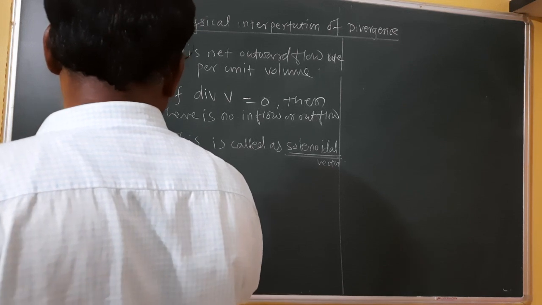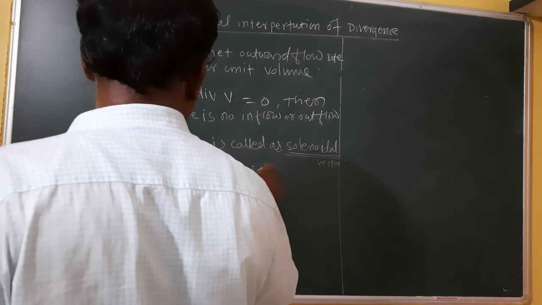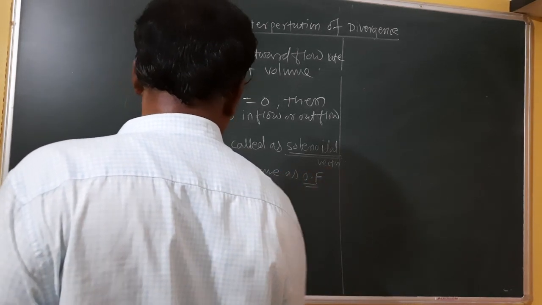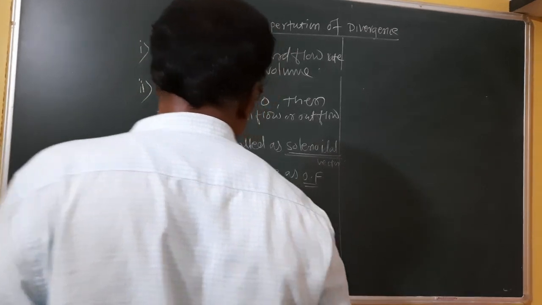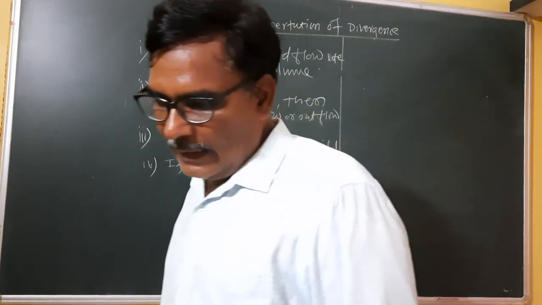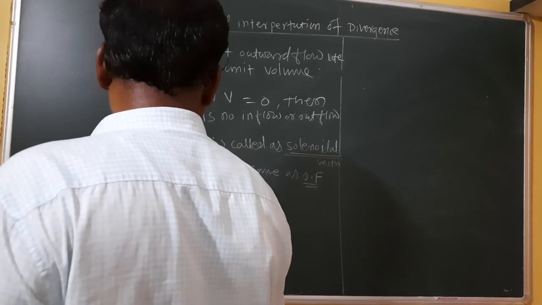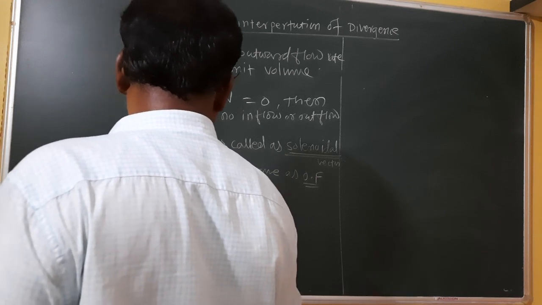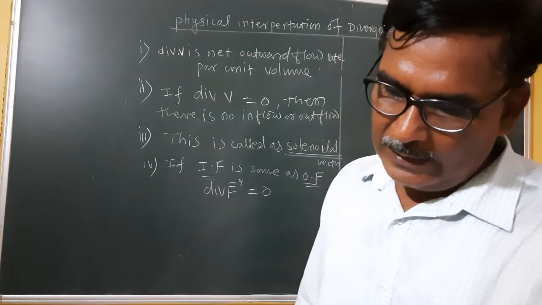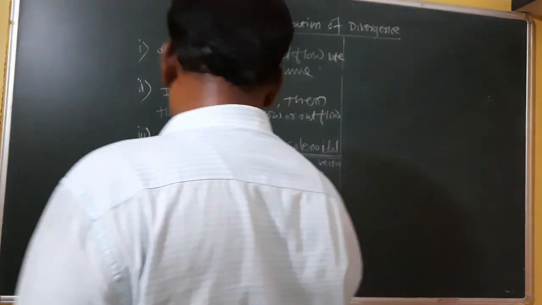If the inward flow is the same as the outward flow, then divergence of F bar is equal to 0, and that flow is termed incompressible.